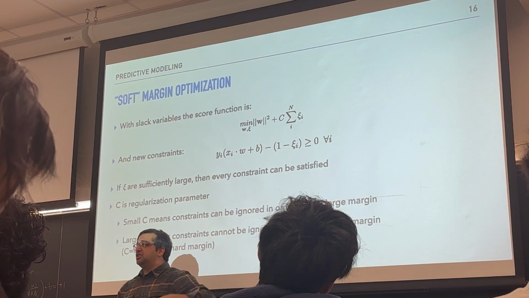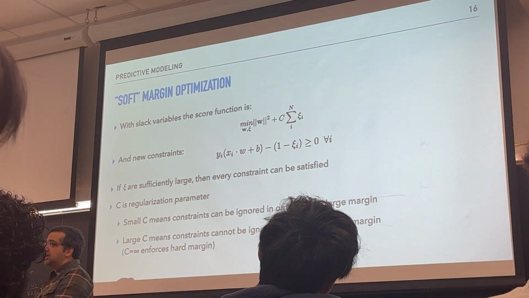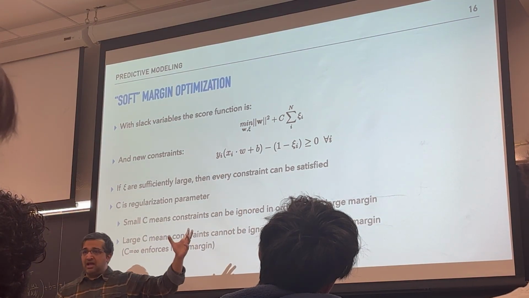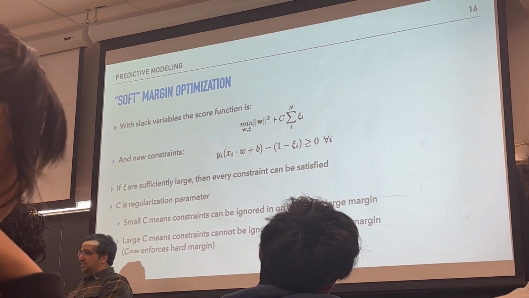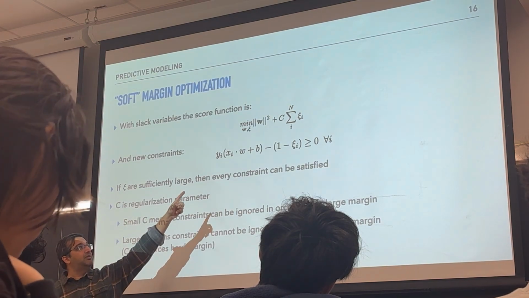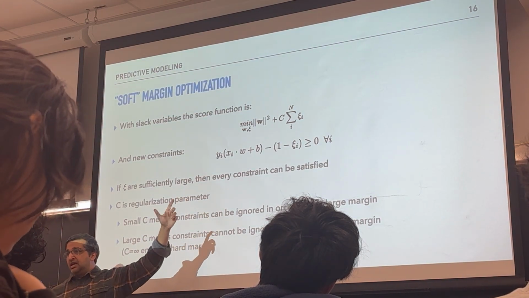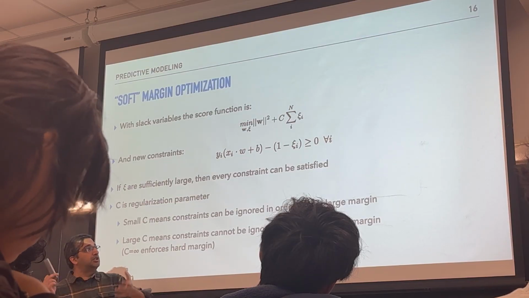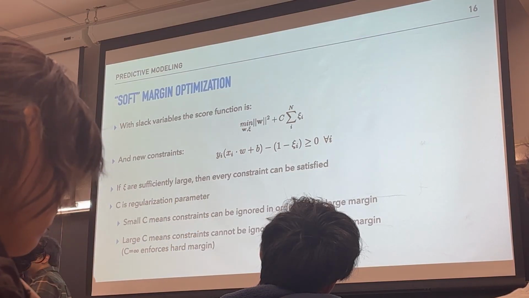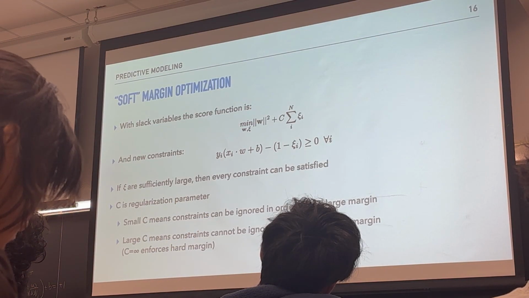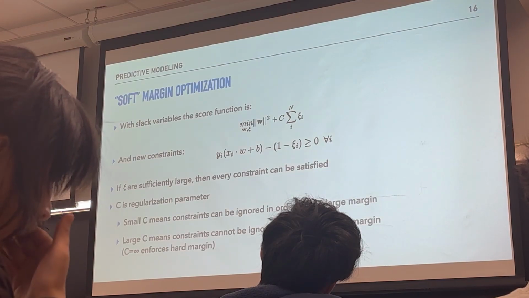So instead of saying just find the thickest slab, it's saying find the thickest slab and try to minimize the misclassification, which is conceptualized by that epsilon, and then you balance the two with some C, which plays the same role as lambda for the L2 regularization or L1 regularization.